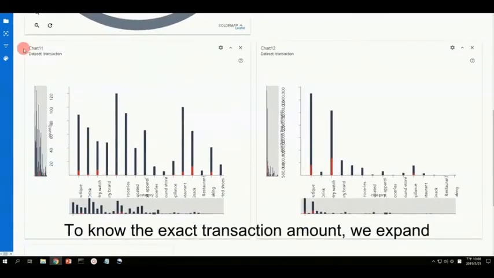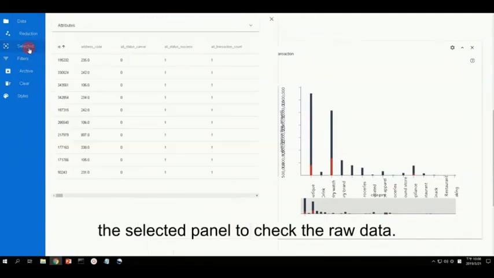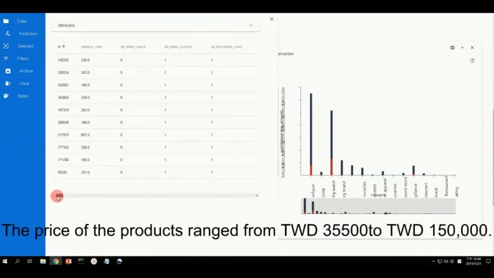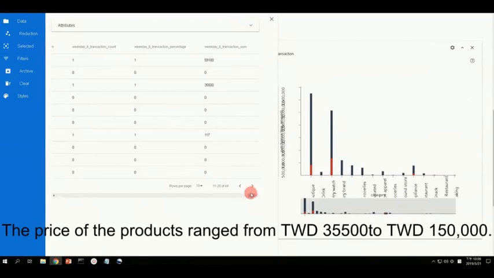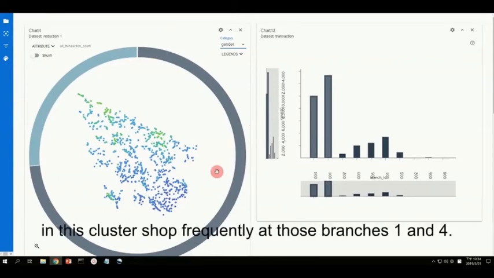To know the exact transaction amount, we expand the selected panel to check the raw data. The price of the products ranged from $35,500 to $150,000 NT.